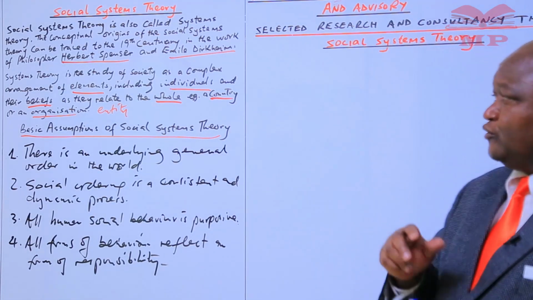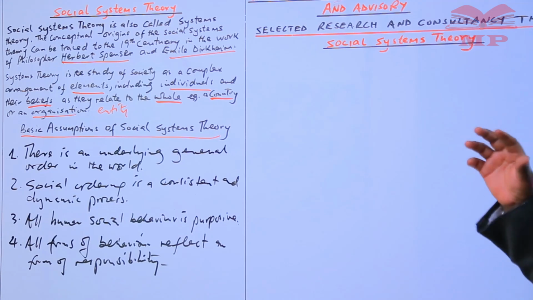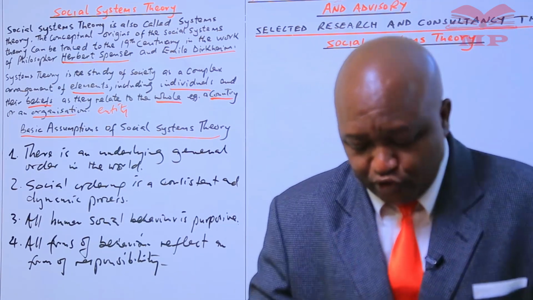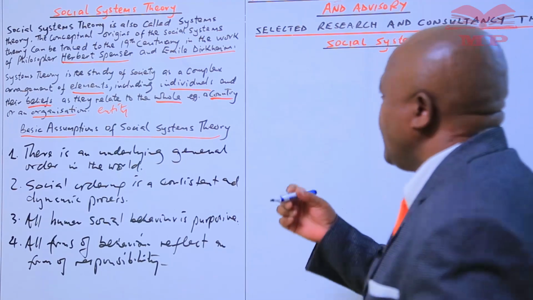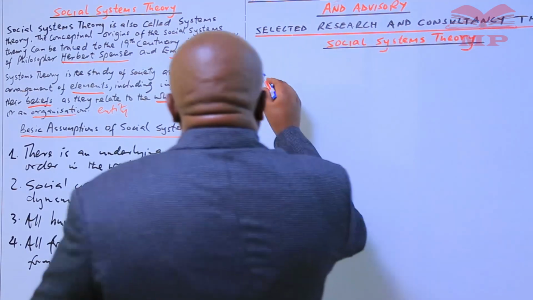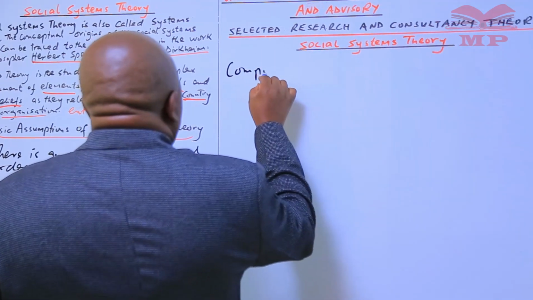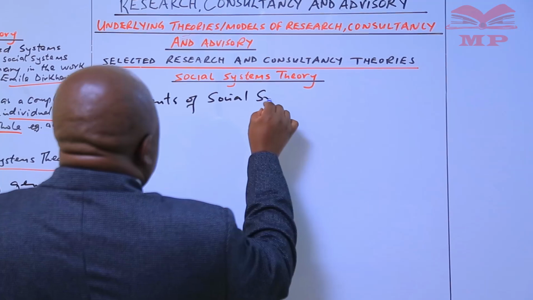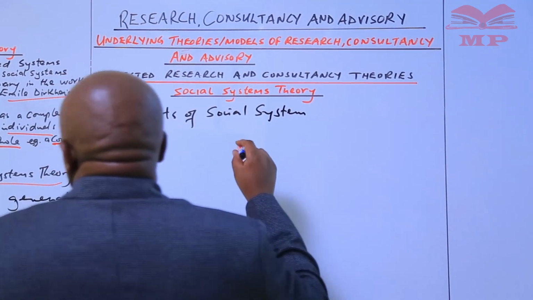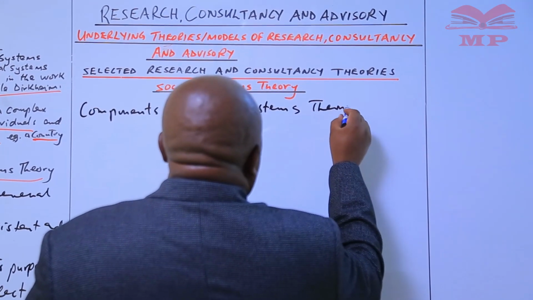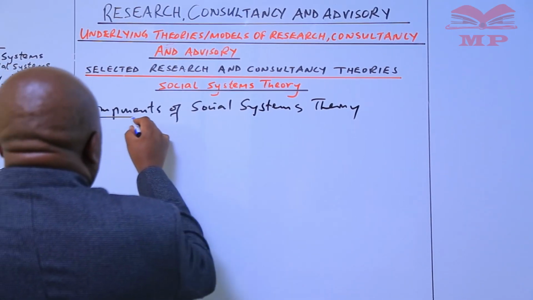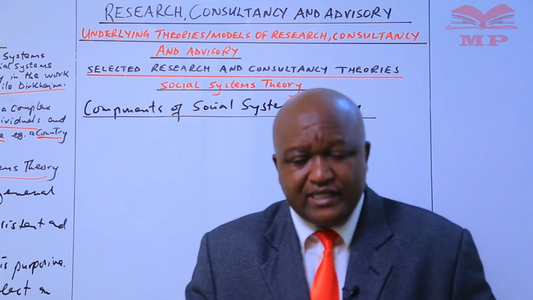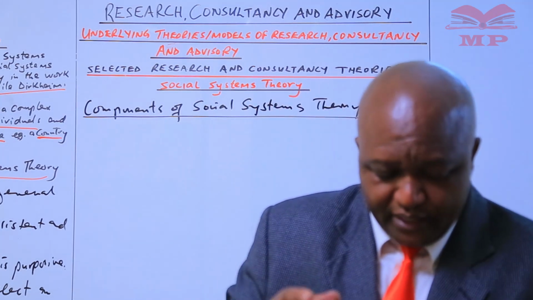Then, when it comes to the social systems theory, there are certain components, the characteristics that define what the social system is.